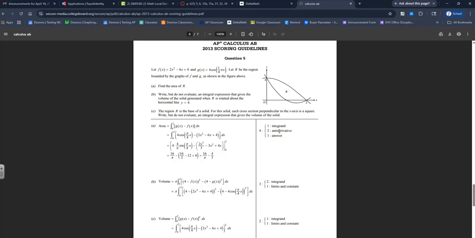So integrating the cosine part correctly and integrating the 2x squared minus 6x plus 4 correctly, those are separate points, and then a point for your final answer. So even if you struggle on that u substitution, you can get 2 points with just the setup and integrating the part that just has the x's.